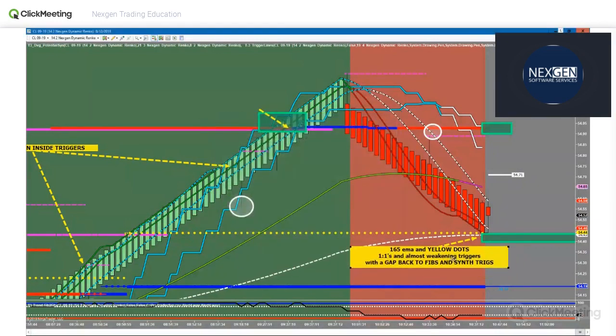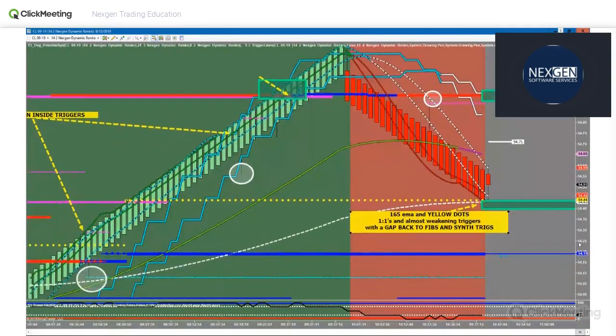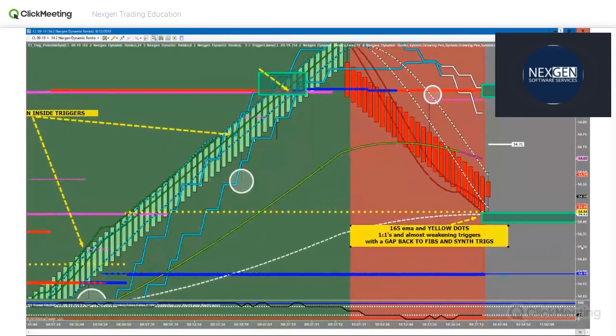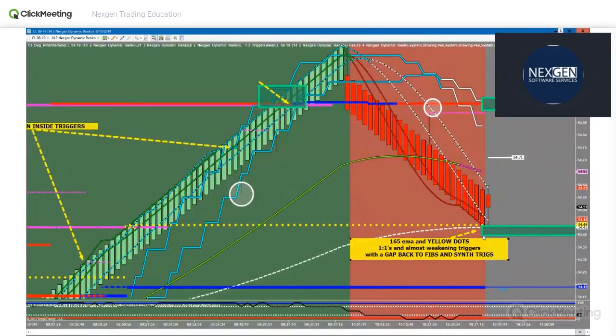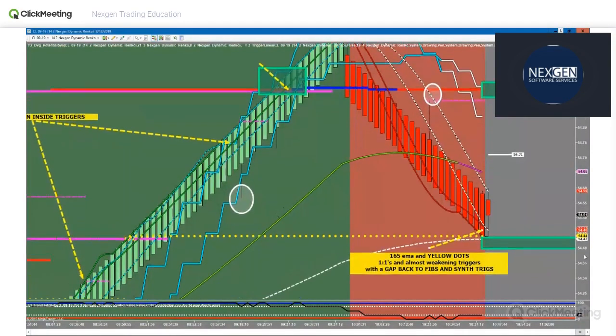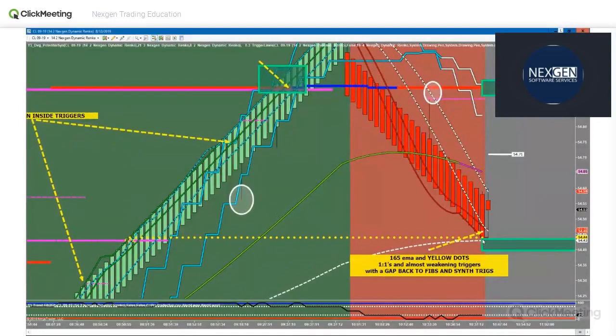So we're starting to build, if you will, the potential of a story of this area for us. See how the small triggers are almost inside right there? See how they're starting to almost weaken?